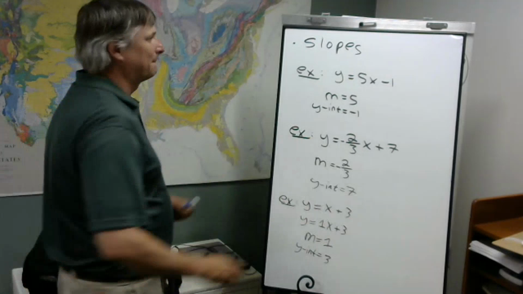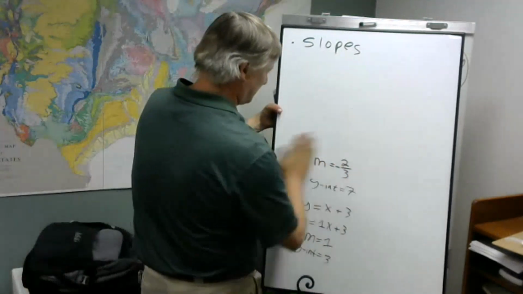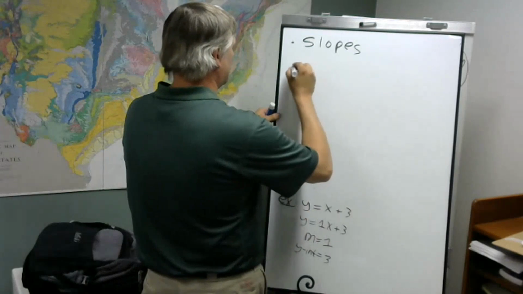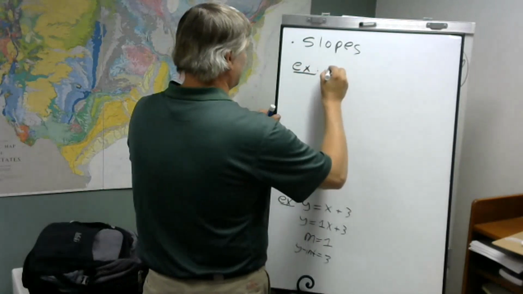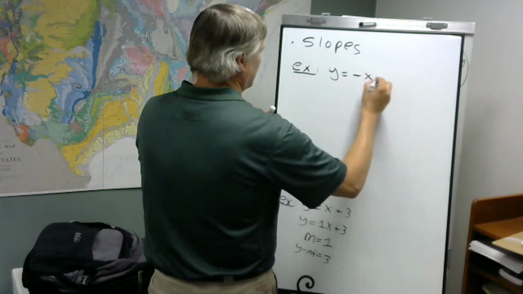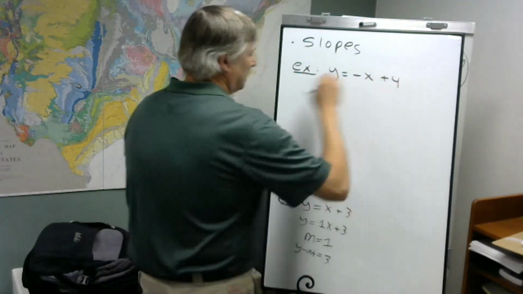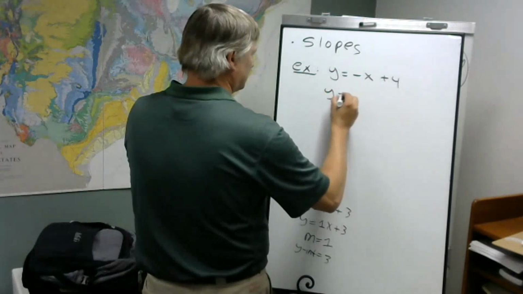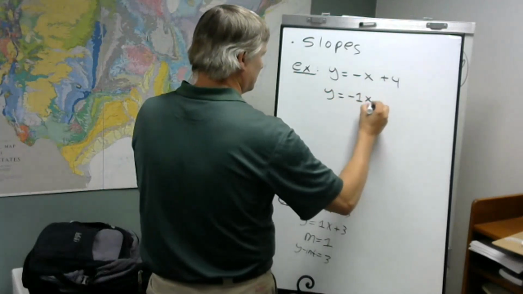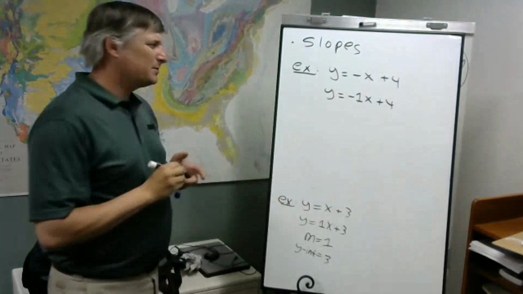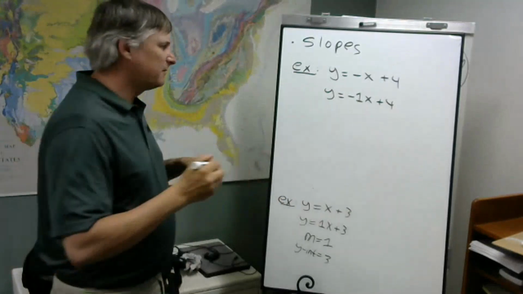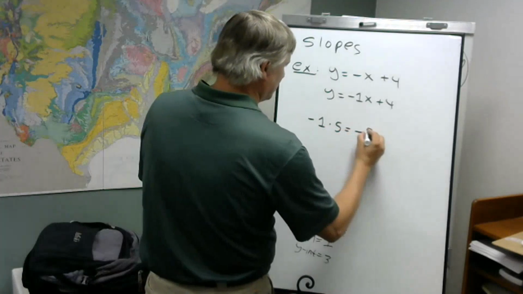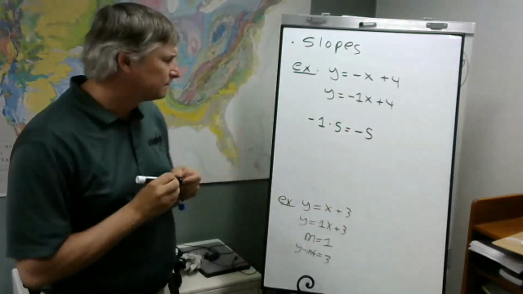Another one like this. Again, there's an invisible one. And the reason is, if you think of -5, -1 times 5 gives you -5.